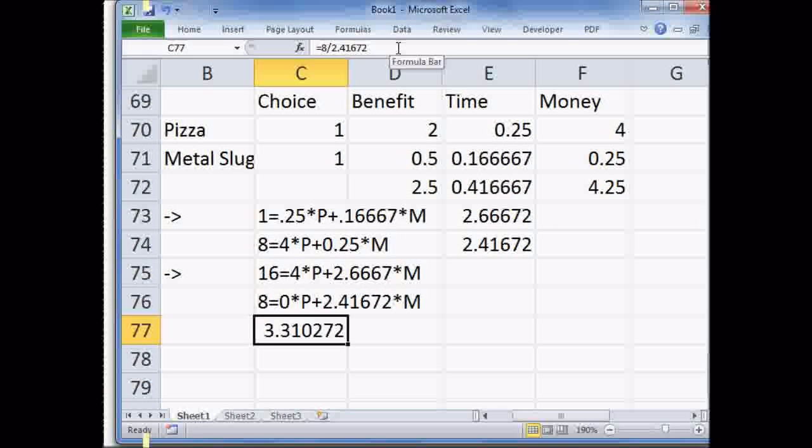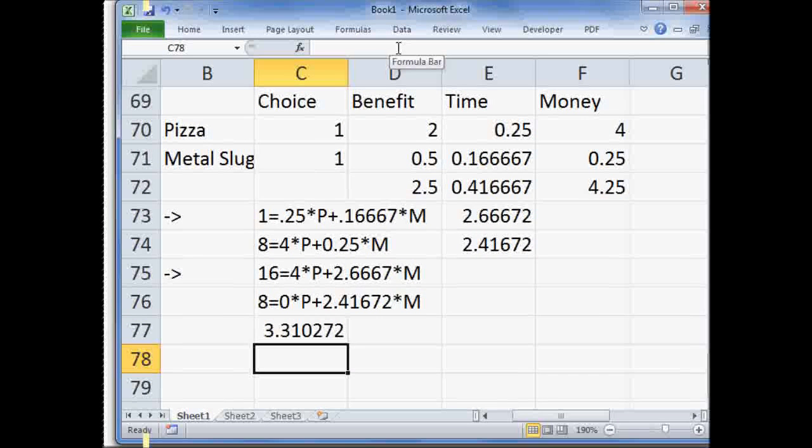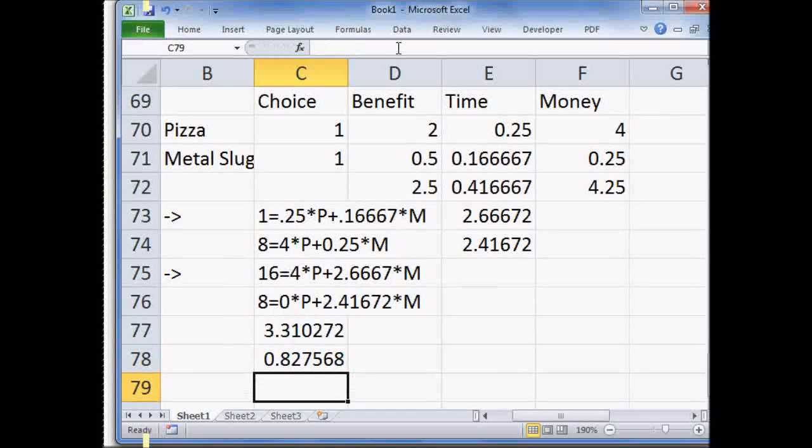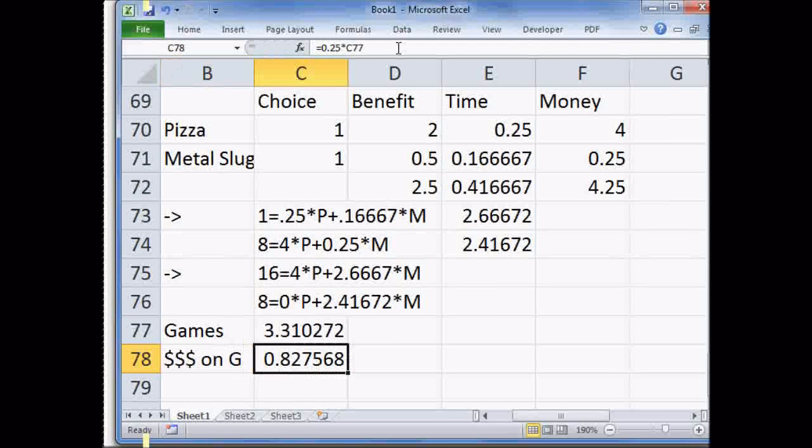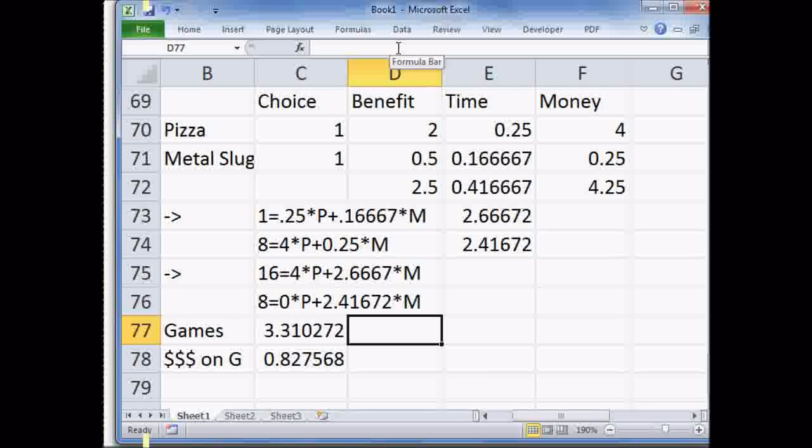That means we can then figure out how much pizza we're getting. So if I take 0.25 times that, that means we're spending that much money on Metal Slug. So this is games. This is dollars on games. So that means if we spend all the money, we've got $8.